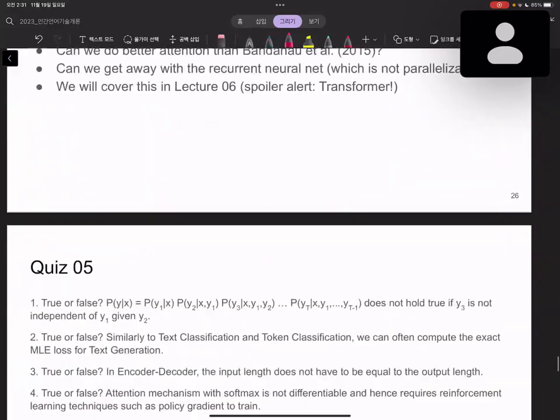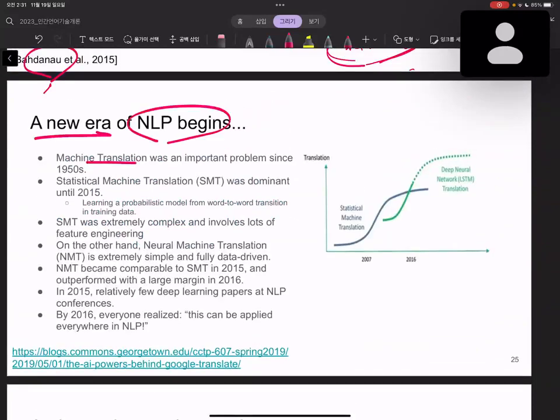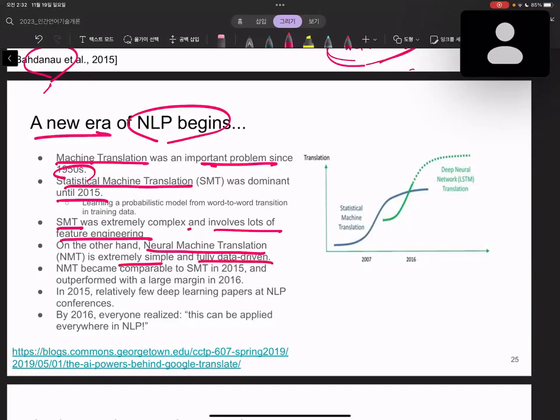Okay, so a new era of NLP begins. Machine translation has been very important since the 1950s, and SMT was dominant until 2015. SMT was extremely complex and involved lots of feature engineering. But neural machine translation is extremely simple and fluid.